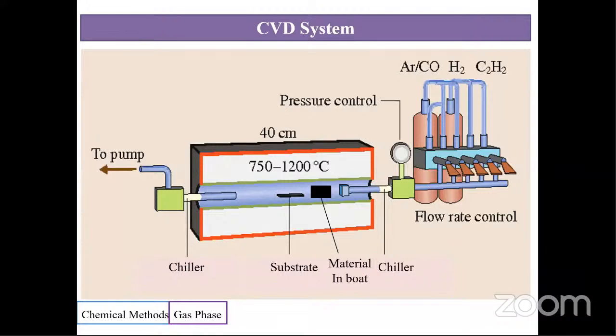The gas manifold system is there through which you can send the gas through the mass flow controllers. Suppose you want to deposit carbon, some carbon compound, maybe carbon nanotubes or fullerene or something else. In that case, you are supposed to have a gas of carbon. So this may be styrene, methane, ethane or some other gas which has carbon material.